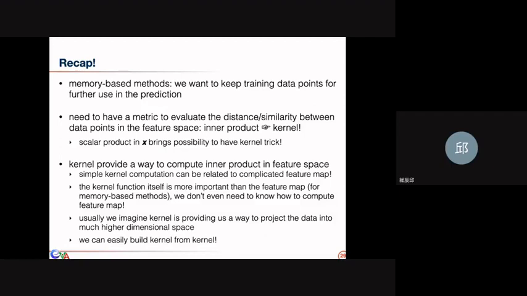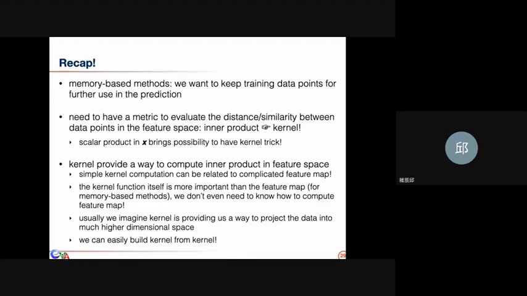If you use the inner product as your similarity metric, then it will become a kernel.